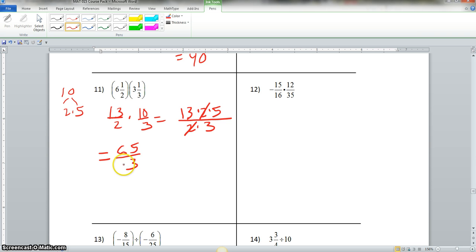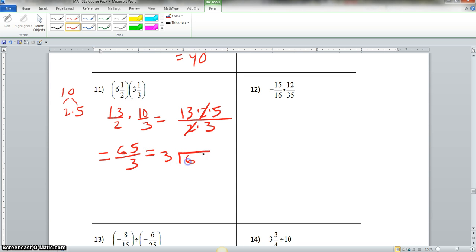Now I told you there are two instances where you would end up with a mixed number for your answer. One instance is if you start off with mixed numbers. The other instance is if the directions tell you to write your final answer as a mixed number. So since we started off with a mixed number, if we can make this improper fraction into a mixed number, we must.